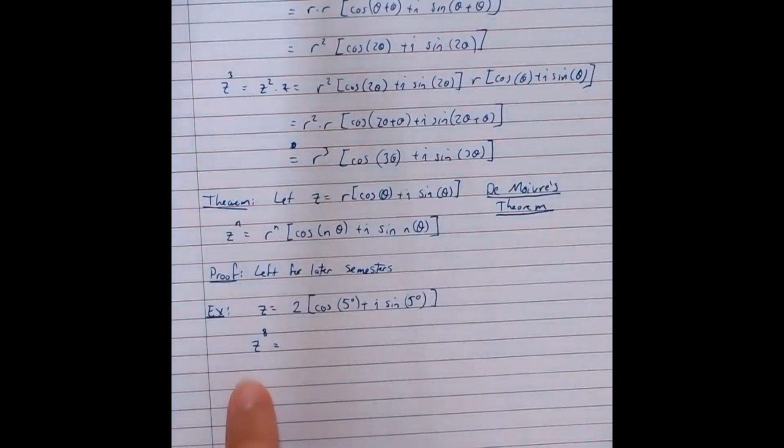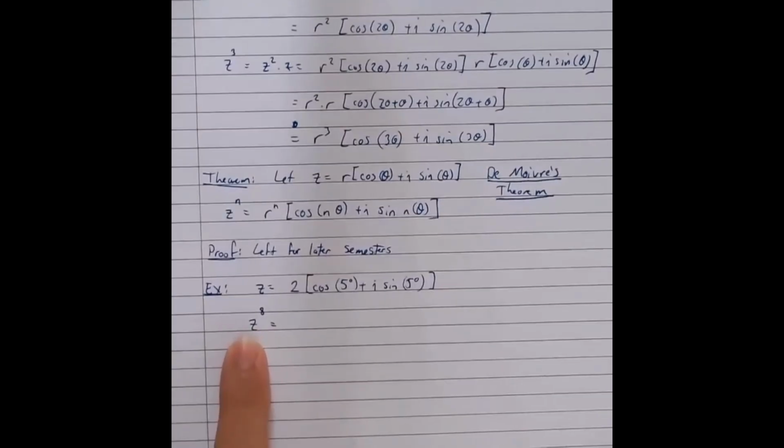If this was written in its standard form, I would have to take a complex number and multiply it times itself 8 times. That would require a lot of distribution. You have to distribute 4 times for every time you multiply a pair of these. So imagine how many that's going to be if you do it 8 times. On top of that, all of the addition and combining of like terms that's required to simplify. So doing this in the standard form would be very, very long.